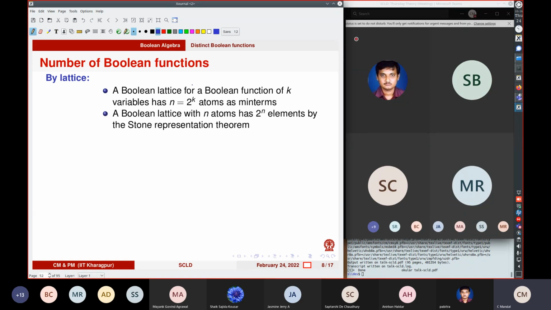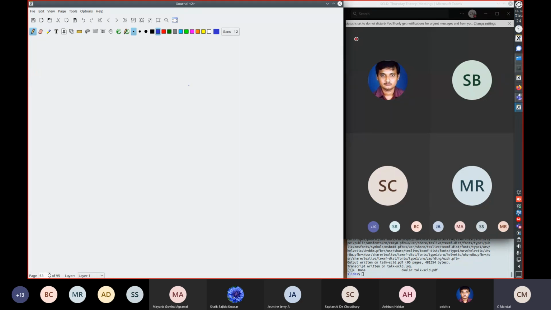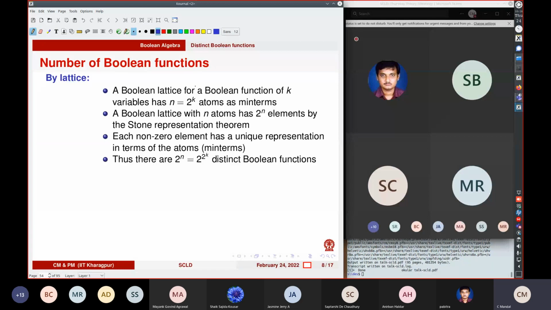Now, these things we have discussed before. The number of Boolean functions we have discussed before. You are familiar with this number, 2 to the power 2 to the power k, if it's a function of k variables.